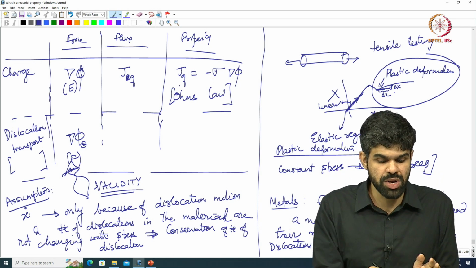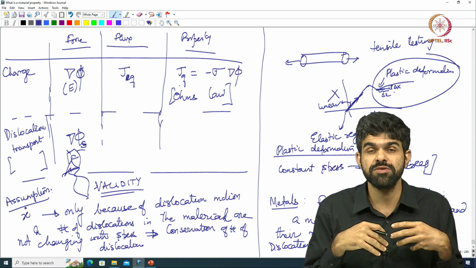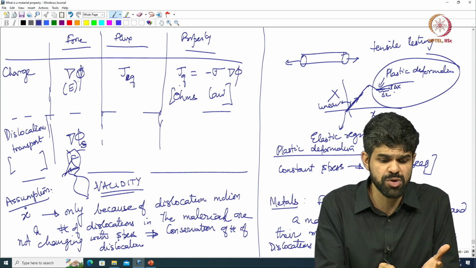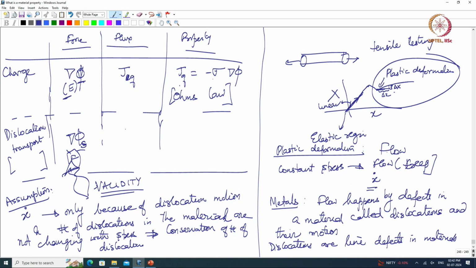So, if I have some sort of a mechanical potential gradient, that is nothing but force, just like electrical potential gradient is nothing but electric field, and then I have a strain rate, so that is J x, or in other words I am just going to call it x dot. Then I have some equation like x dot equal to minus some property which is related to the viscosity of the material, right.